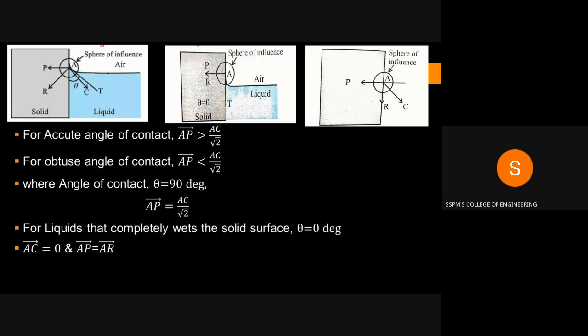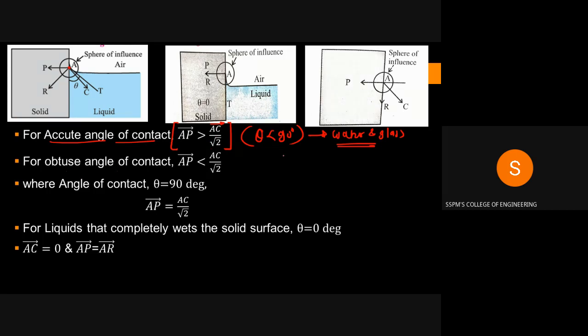Now here you can see the force Fa is the adhesive force, Fc is the cohesive force. So for acute angle, where theta is less than 90 degree, and the example is water and glass contact, the relation between the forces is that the adhesive force is greater than the cohesive force divided by square root 2.